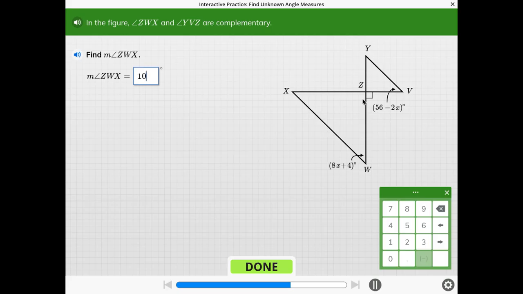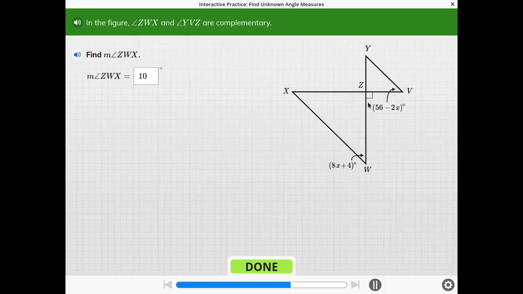Also, you could also say that this, you try to solve x. These both equal 90, adding them together. So, 10 plus 70. No, 10 plus 80. But that's not right.